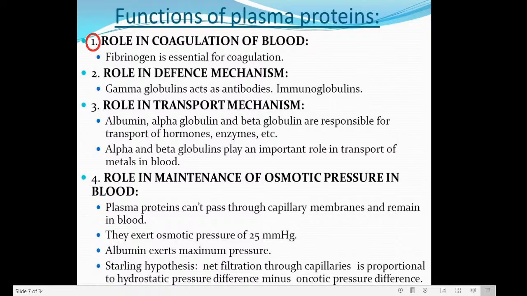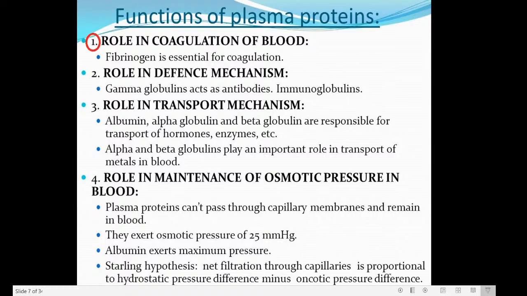So to stop the bleeding, we need our own coagulation system, that is the coagulation of blood. Activation of fibrinogen is a very essential coagulation compound. It makes an external cover over the wounded region.